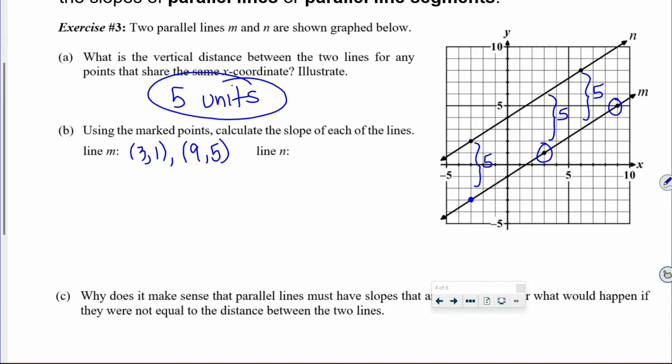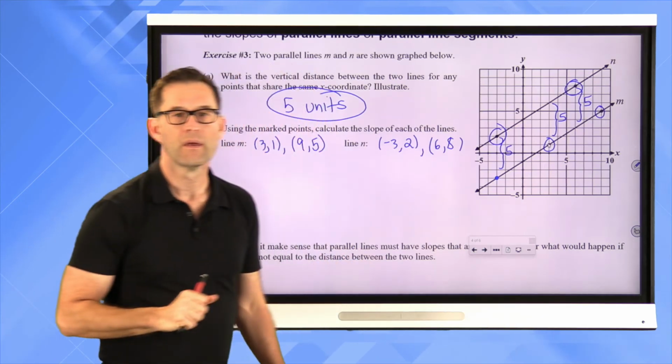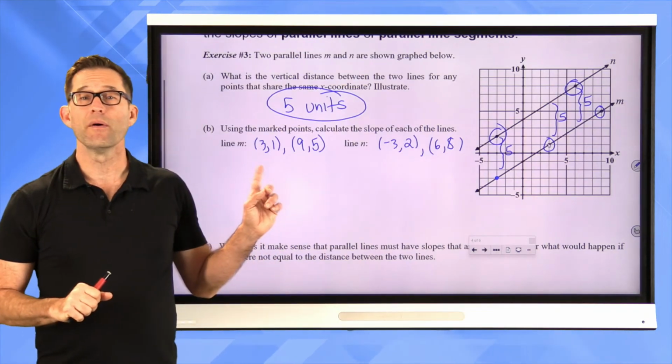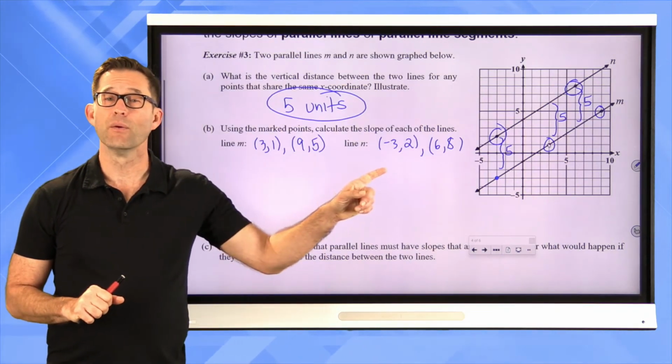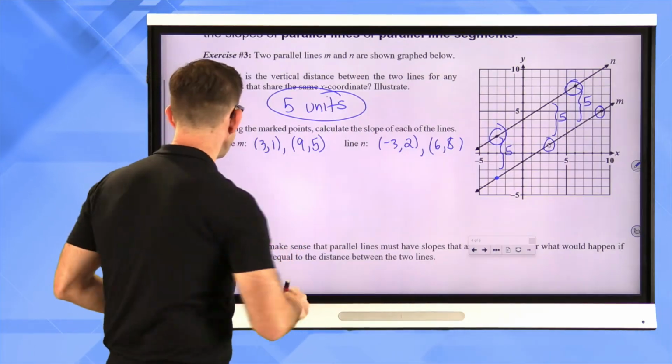And for line N, the two marked points are here and here. That's at (-3, 2), and at (6, 8). Okay. So let's do the slope of line M together, then we'll have you do the slope of line N on your own. Simple enough, right?